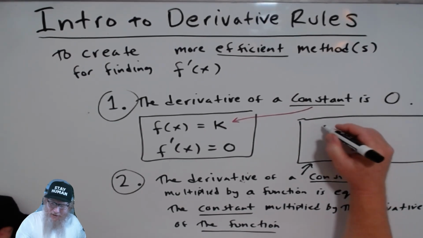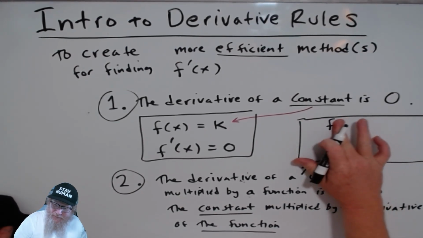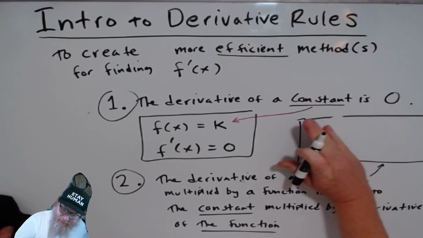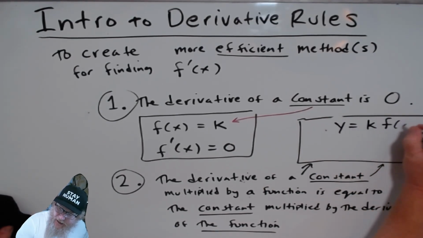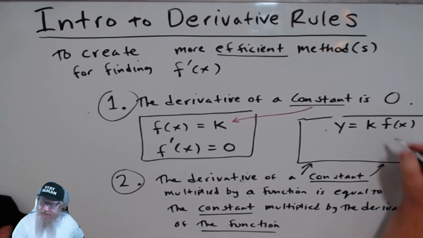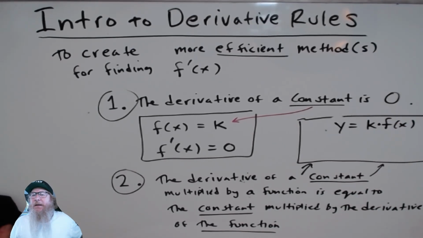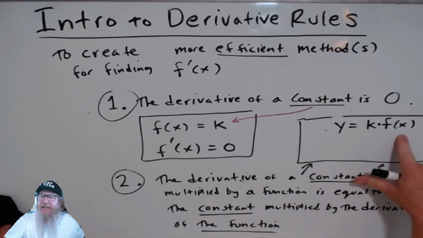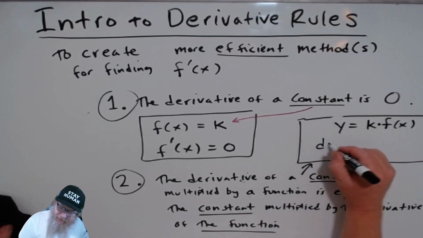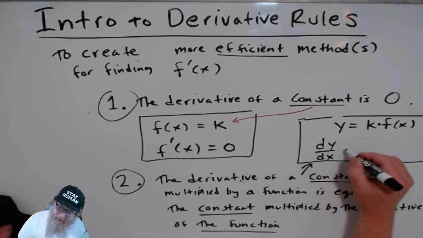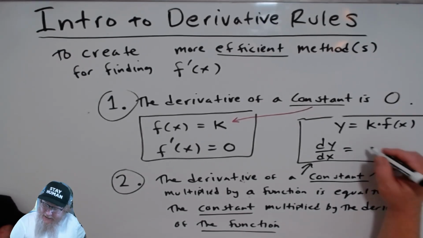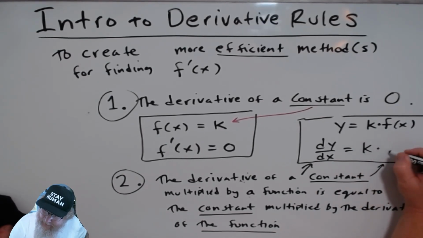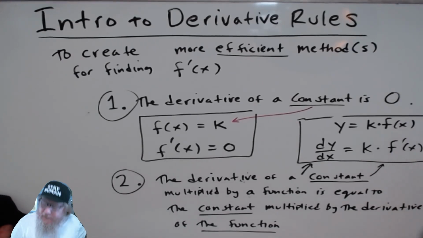Okay, so if you have a function times a constant, so y is k times f of x, then the derivative, I'm using the other notation, dy dx, is k times f prime of x.